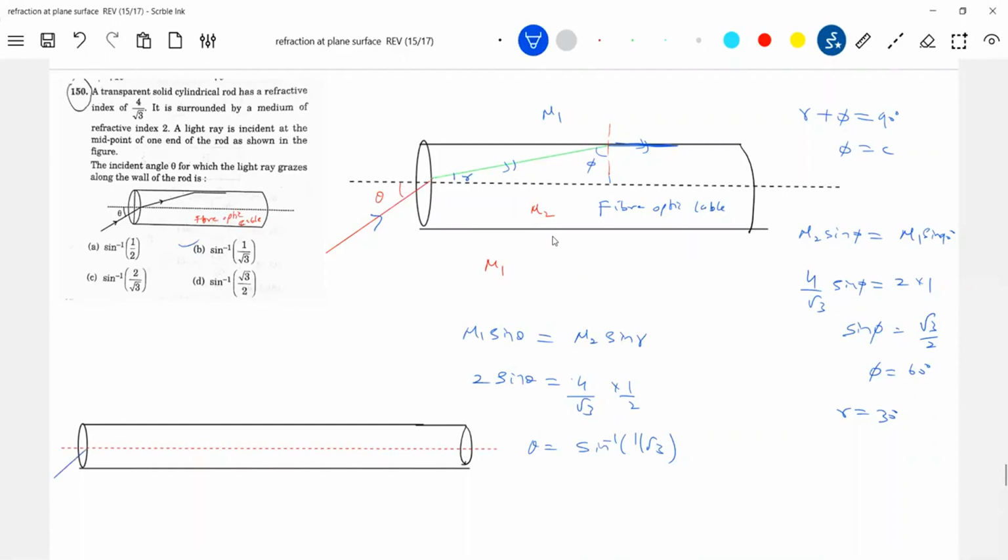Even if the length is 100 or 1,000 kilometers, it is going to undergo TIR. So this angle alpha should be less than theta. It will undergo successive TIRs. You need not bother, it will continue.